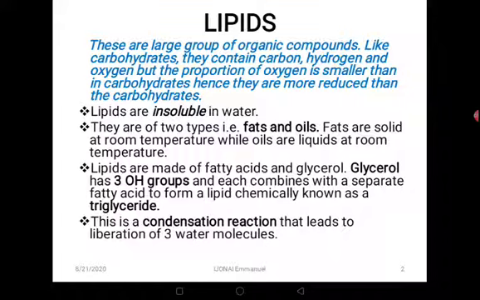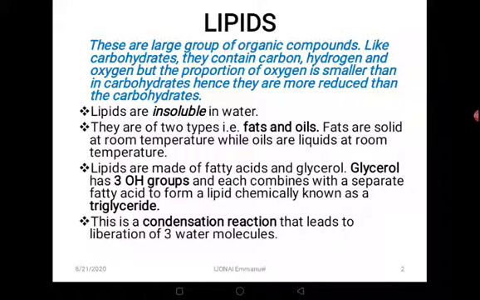So let's proceed. When you look at the lipids very well, you realize that they possess some of these properties. The lipids are insoluble in water, meaning they cannot dissolve in water. You have probably tried to dissolve cooking oil in water. When you pour cooking oil in water, what happens?